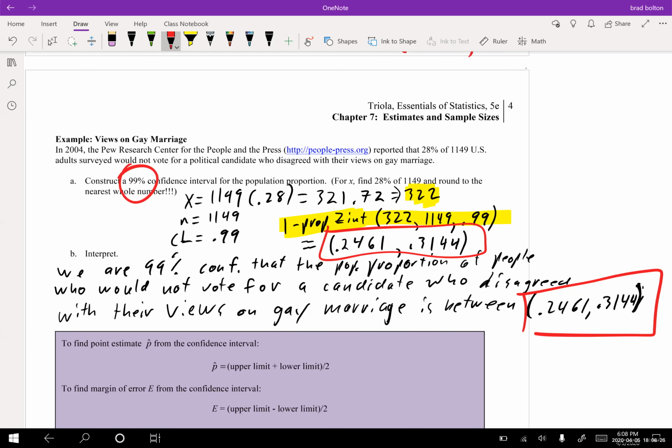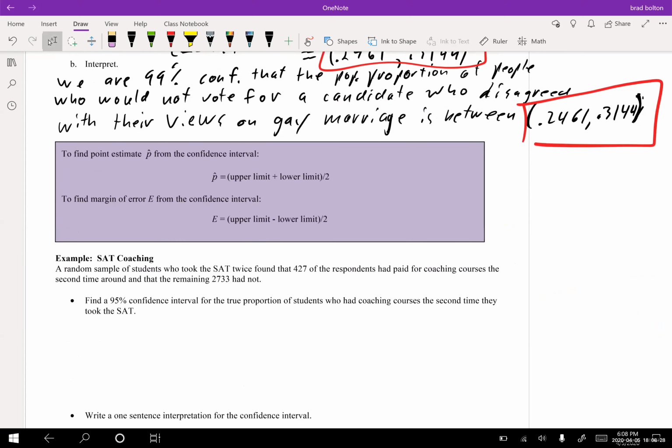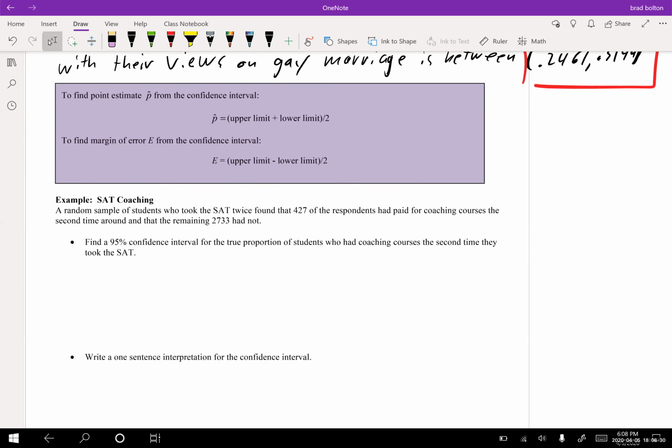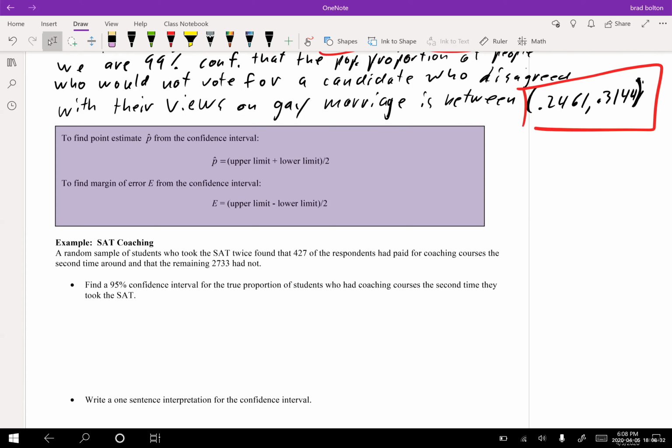So let's see what else we got here. It says to find the point estimate p hat from a confidence interval, p hat is equal to the upper limit plus the lower limit divided by 2. This makes sense because p hat is smack dab in the middle.